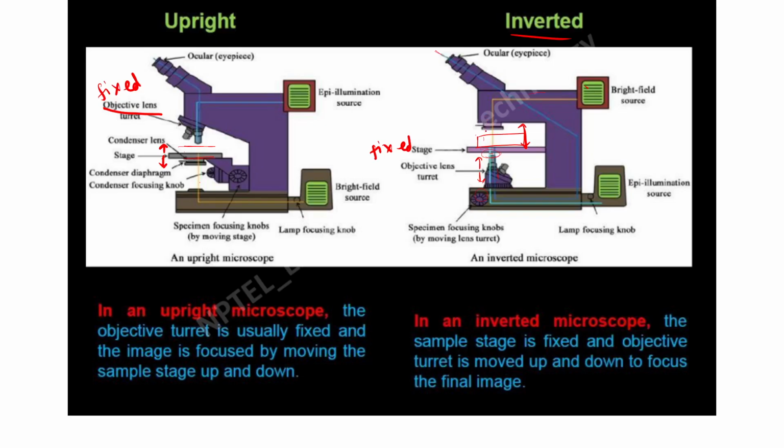Those things we can keep here easily and look from the top part. So mostly inverted microscopes are used in the case of mammalian cell culture, whereas upright microscopes are used for bacterial or microscopic microorganisms.